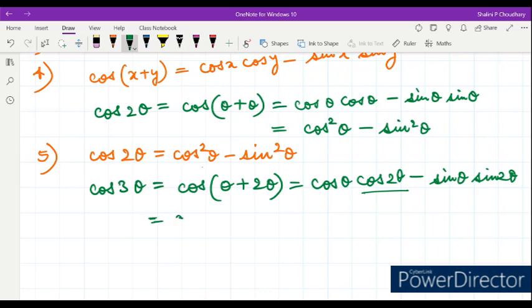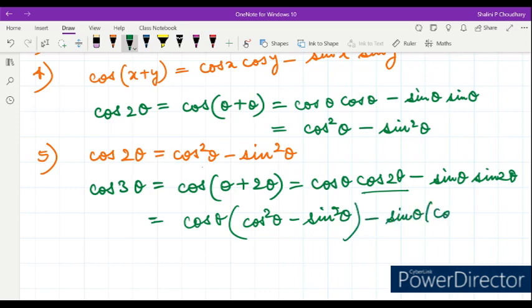We will get cos theta multiplied by cos square theta minus sin square theta, minus sin theta multiplied by 2 sin theta cos theta, right? So if we multiply this, what are we getting?